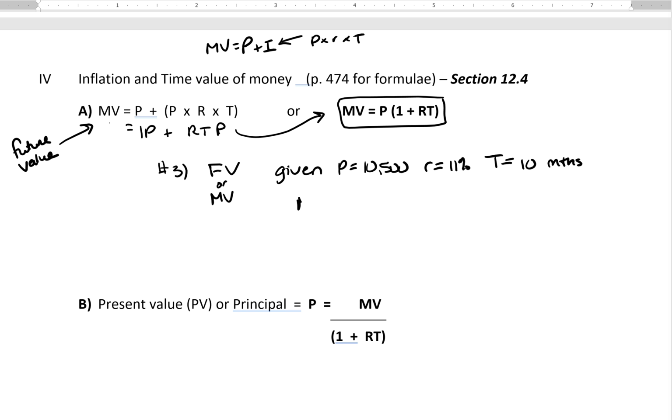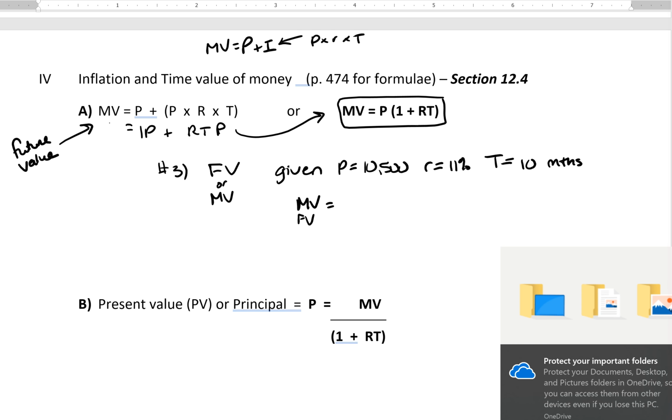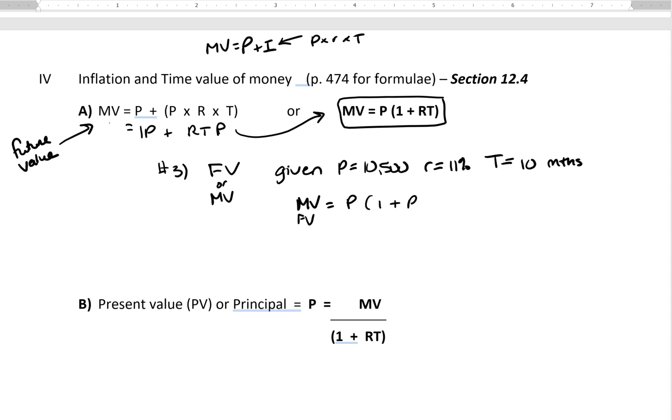And we want to solve for future value or the maturity value, same thing. Well, maturity value, future value equals principal times 1 plus rate times time. So that is 10,500 times 1 plus rate times time, so 0.11 times 10 over 12, 10/12ths of a year.